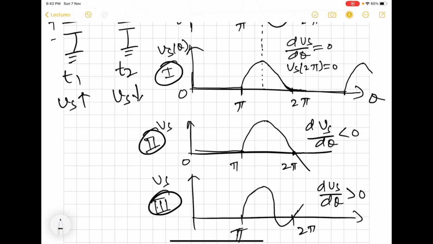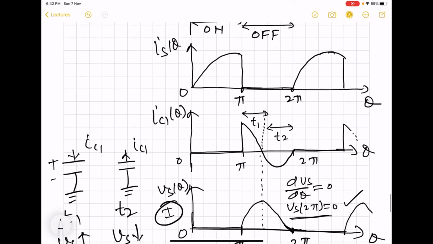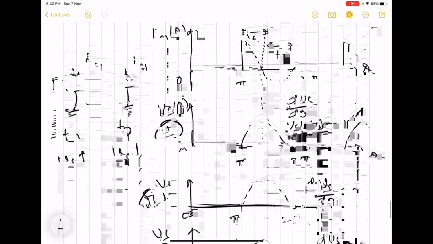And maintaining switch voltage equal to zero at this moment is required to eliminate any power dissipation in the MOS when the switch closes. So this first condition is very important for the higher efficiency of the class E circuit. So now we have all these waveforms.